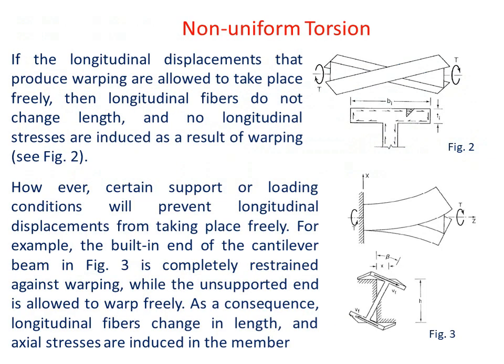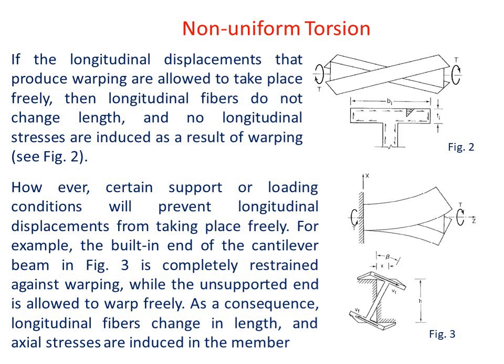In non-uniform torsion, normally you find it in open cross sections: I section, channel section, angle section. If the torsional displacements that produce warping are allowed to take place freely, then the longitudinal fibers do not change length, and no longitudinal stress is induced as a result of warping.